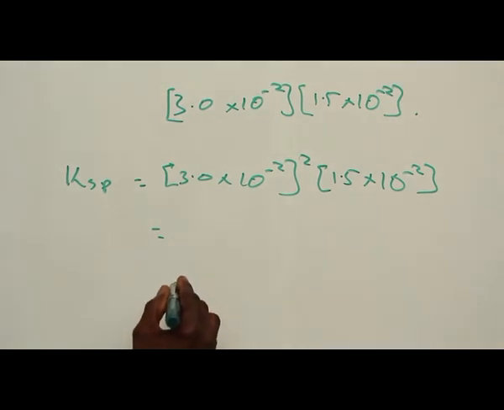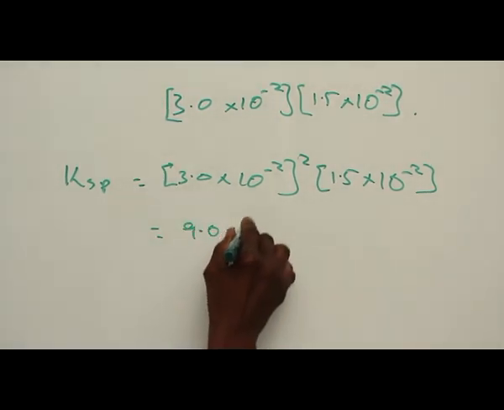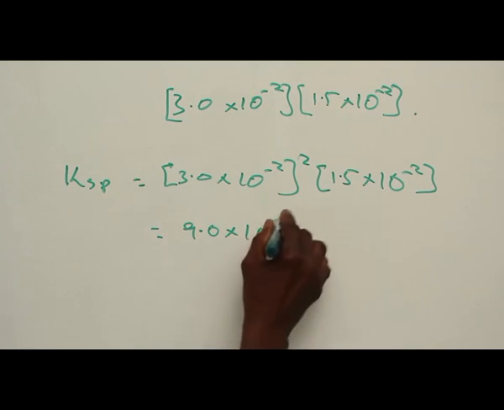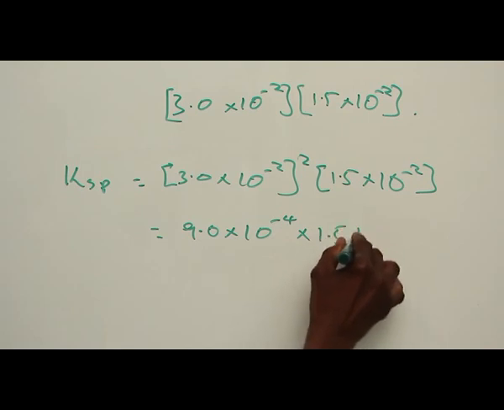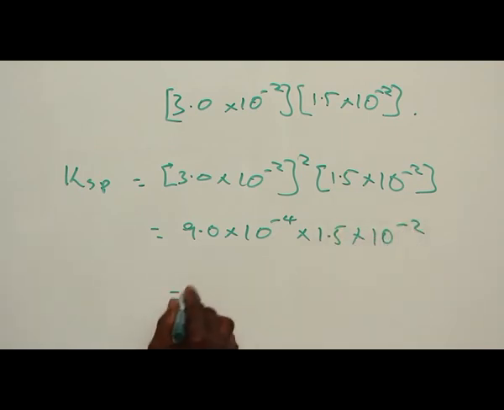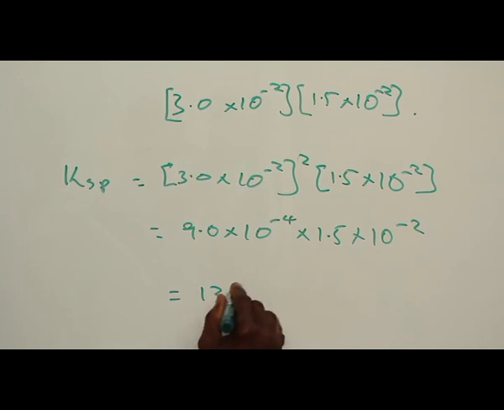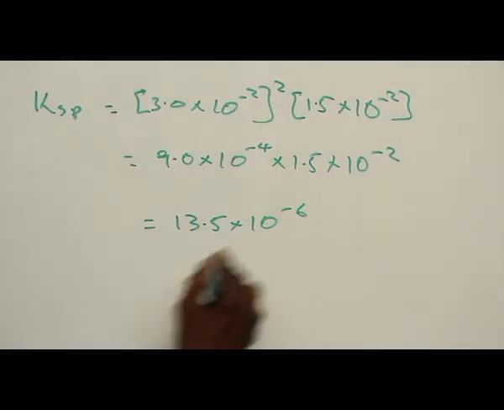So when this is properly evaluated, 9.0 times 10 to the power minus 4 multiplied by 1.5 times 10 to the power minus 2 gives us 13.5 times 10 to the power minus 6.